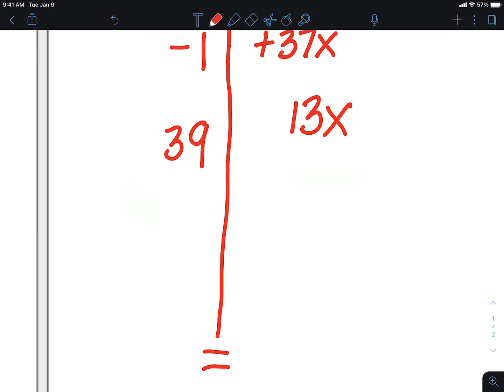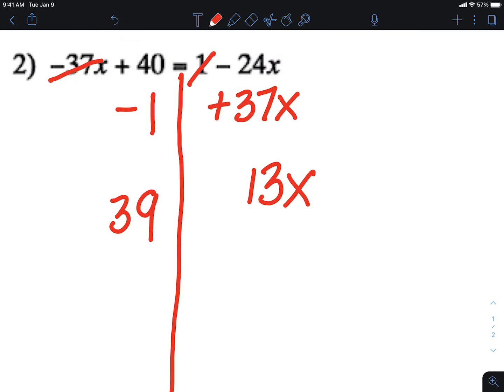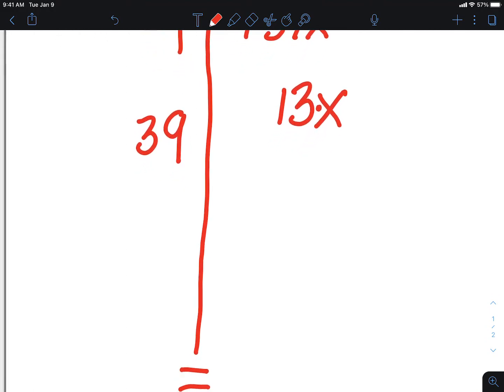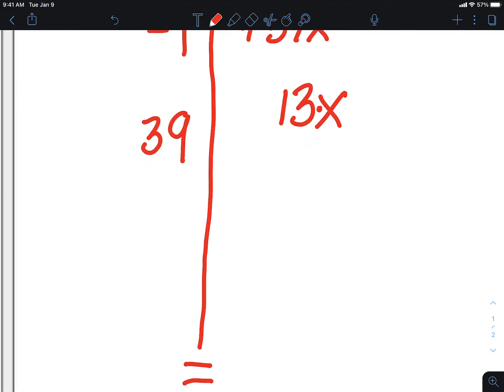So again, I remember that a number next to a letter means multiply, 13 times x. So the inverse of multiplication is division, right? The inverse of multiplying is dividing. So when I cross out 13 and it comes over to this side, it's going to go from multiplying to dividing by 13.